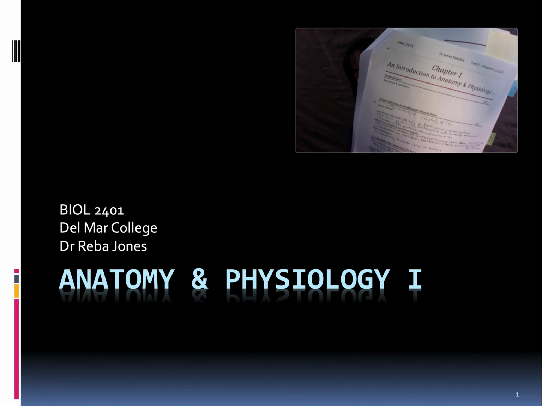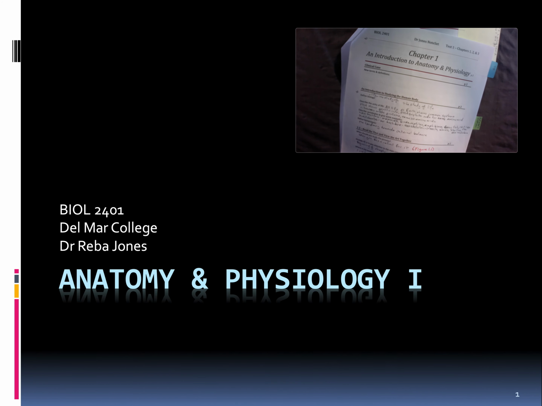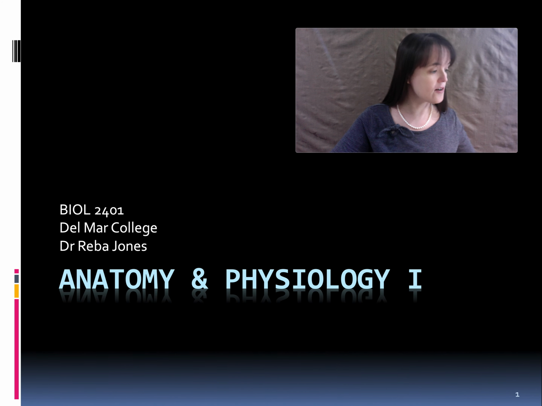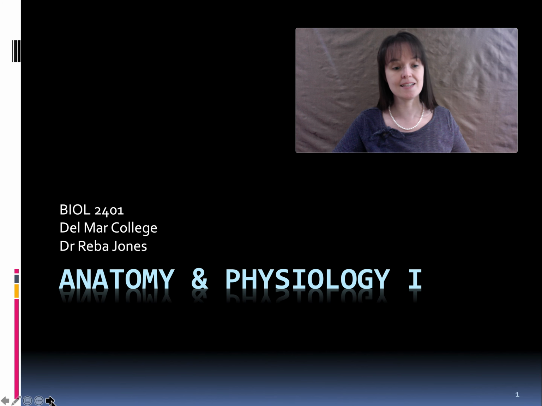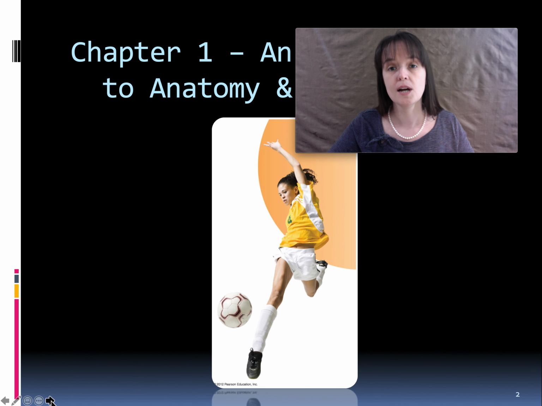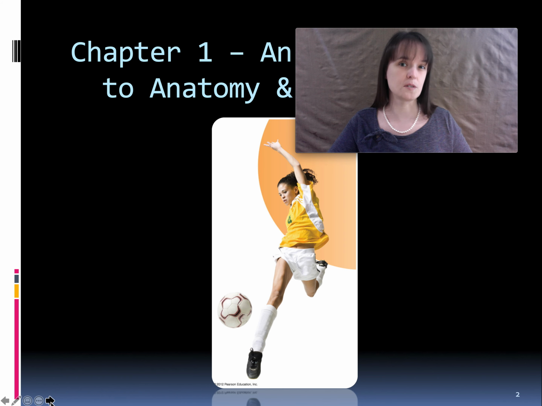Chapter 1, an introduction to anatomy and physiology. There are clinical cases in the newer editions of the book. I have some of that included in the note sets, but not all the way through. And I generally don't have test questions based on the clinical cases all the way through the semester yet.